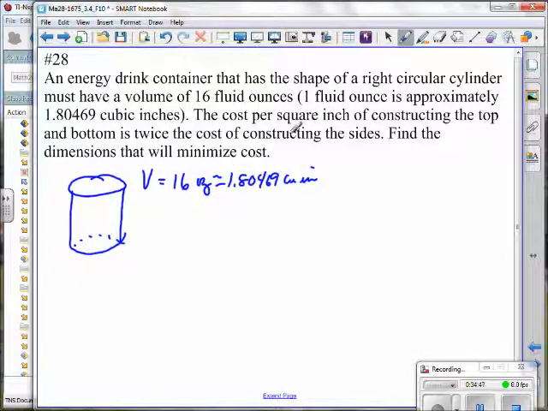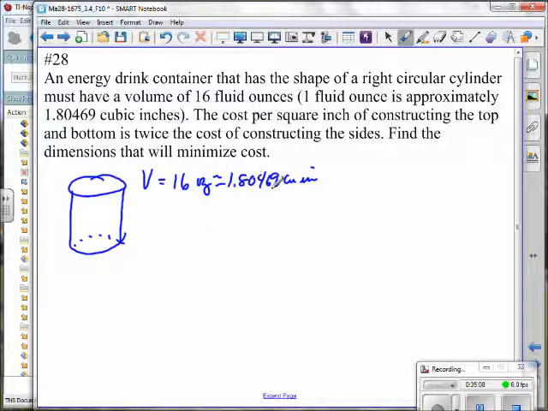The cost per square inch of constructing the top and the bottom is twice the cost of constructing the side of it. Find the dimensions that minimize cost.